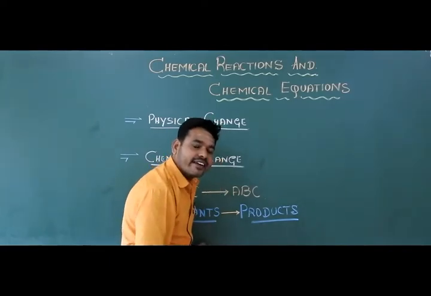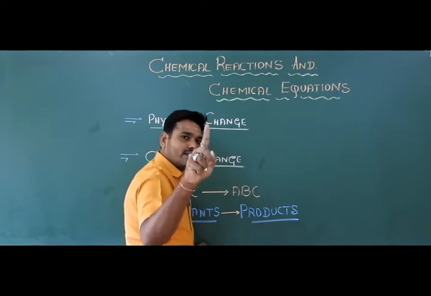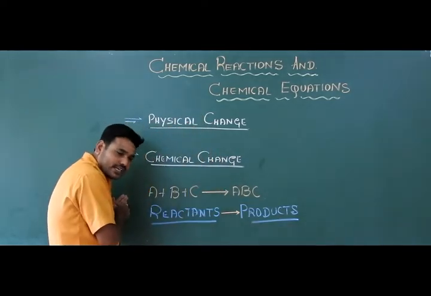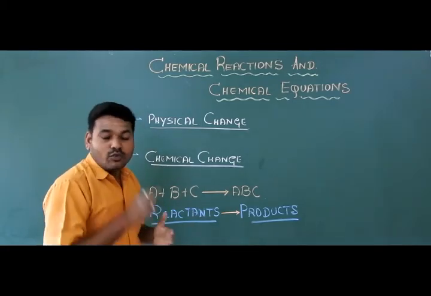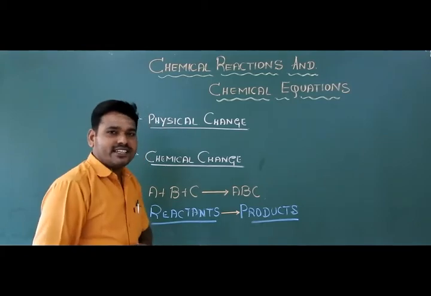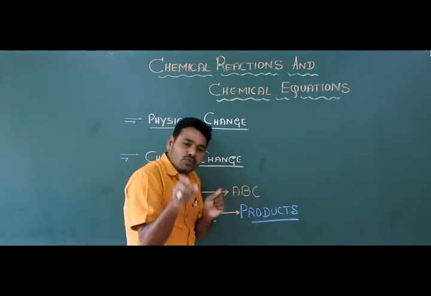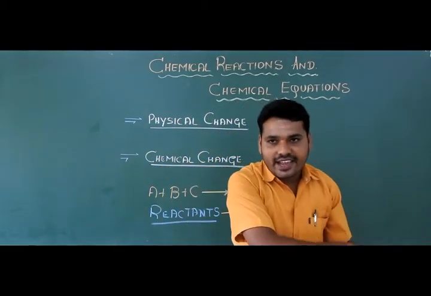Then what are reactants, students? The chemical substances which are present before the chemical reaction are called reactants. Then what are products, students? A new chemical substance formed after the chemical reaction.